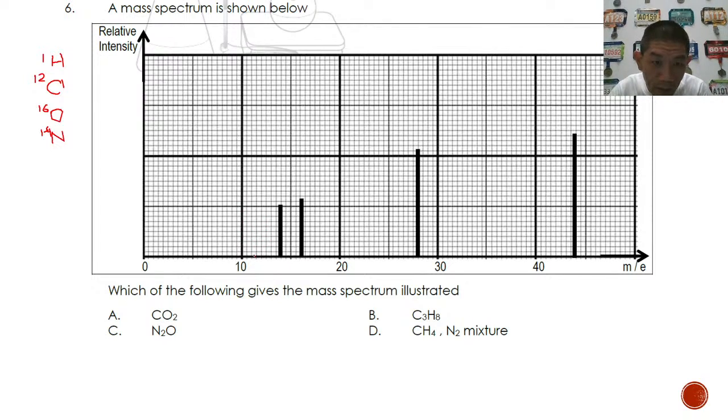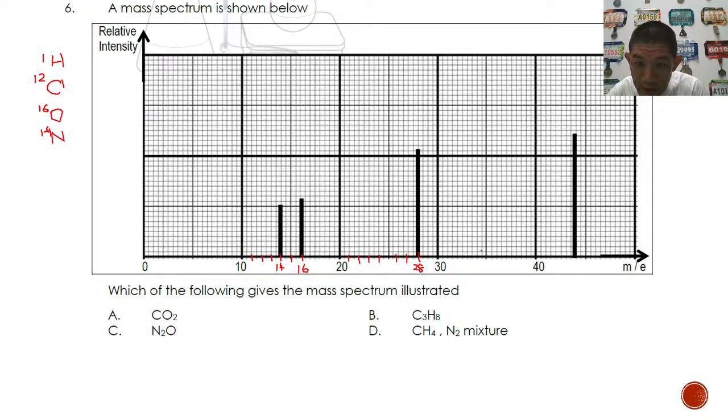So looking at the graph, what is the m over e value for each of them? This happens at 14, then 15, and also 16. The next spectrum you see here is 21, 22, 23, 24, 25, 26, 27, and then this is 28.